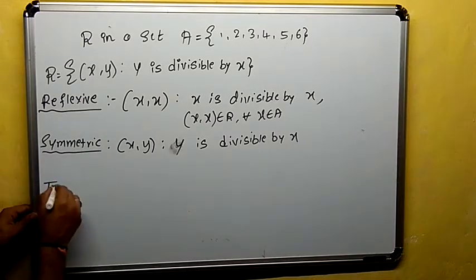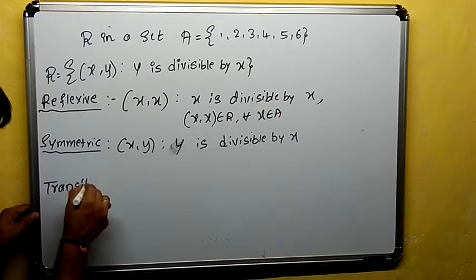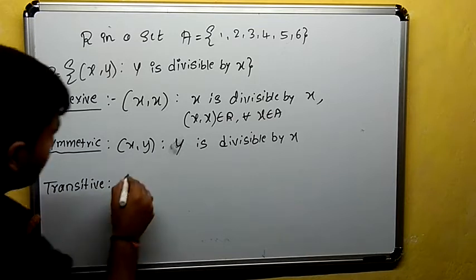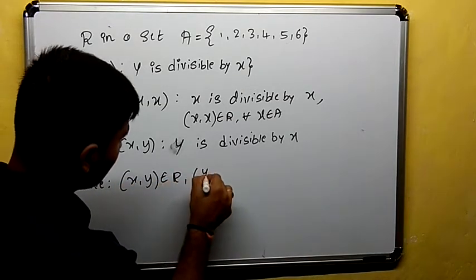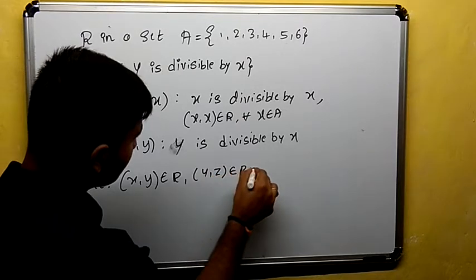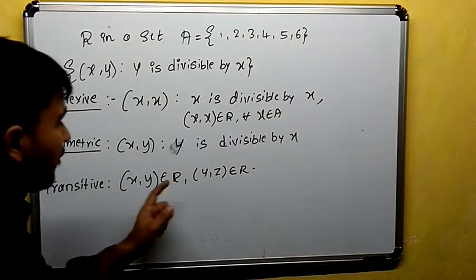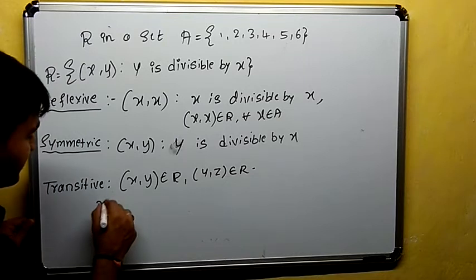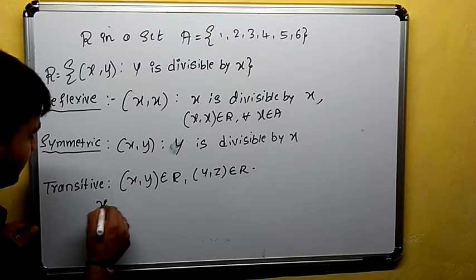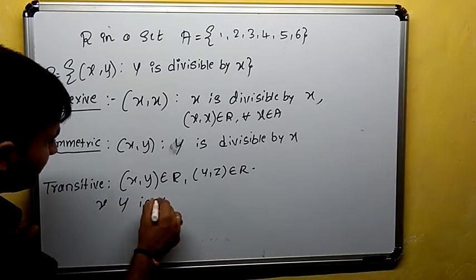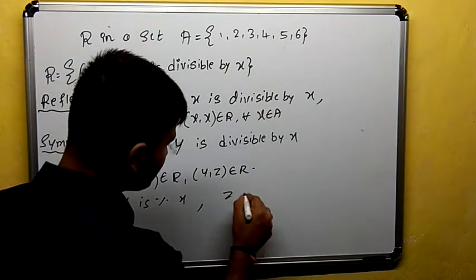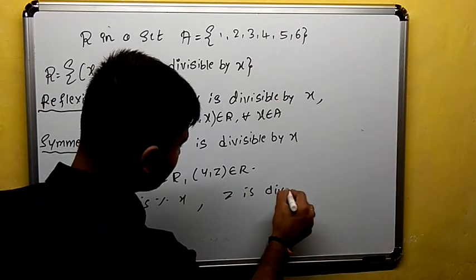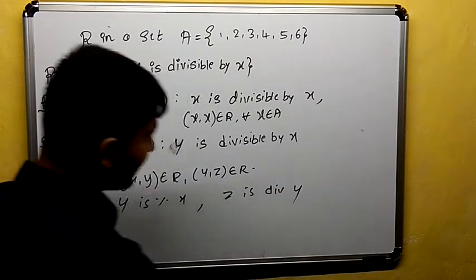So transitive means (x, y) belongs to R, (y, z) belongs to R. What does (x, y) belongs to R mean? It means y is divisible by x. Then what does (y, z) belongs to R mean? z is divisible by y.